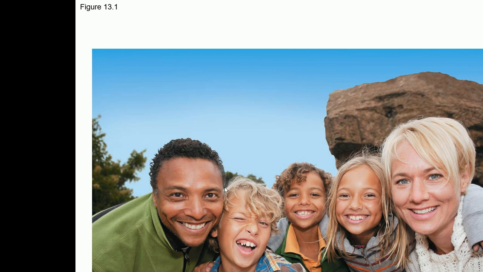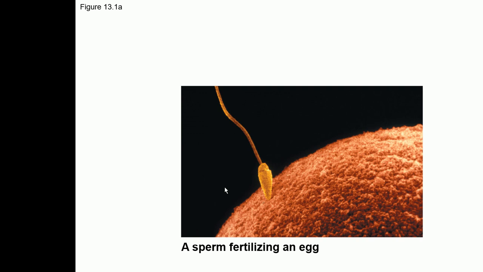That's what we are talking about in this cell division: how parents transmit their characters to the children, and how some characters are the same, some are different, and some are a mix of both parents. In meiosis, we will understand how all these things happen in the family.